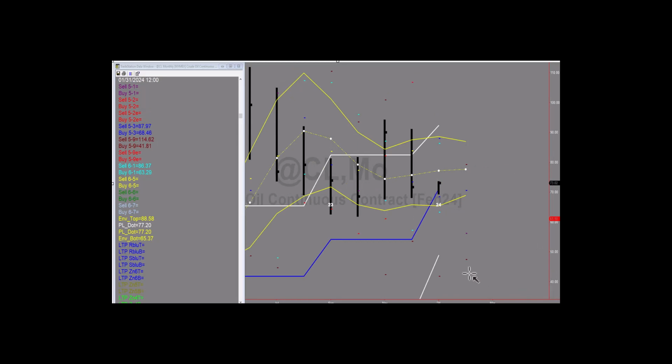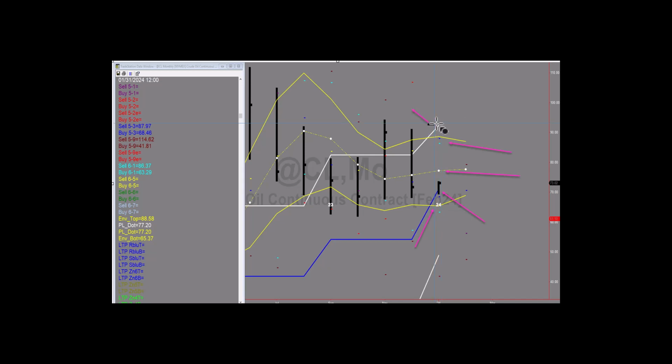Now on the crude oil, and crude oil is coming up off of this yearly PL dot here. You can see that the yearly PL dot is pushing up, and it's going to run into quarterly resistance. And should it get through that, then there is a boatload of resistance up in this area. So that's up in the $90 range.